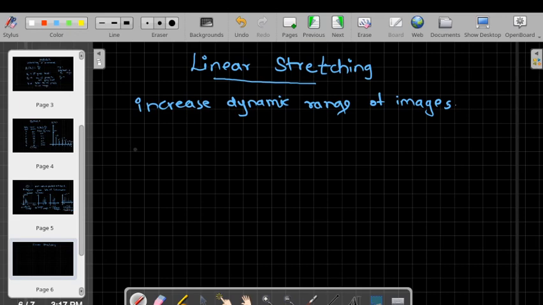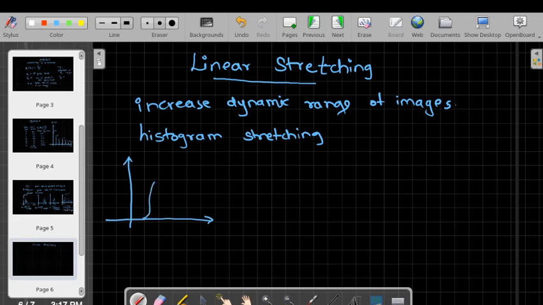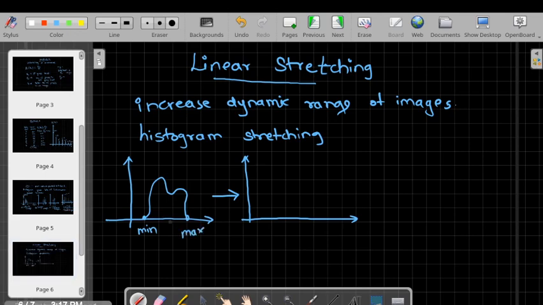So what happens in this linear stretching, which is also called histogram stretching? Suppose our histogram is having a shape like this. This linear stretching or histogram stretching is going to stretch the histogram. So this is the minimum value and this is the maximum value of our original histogram.